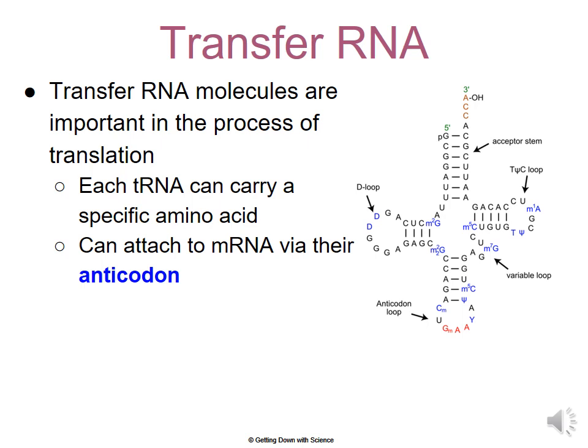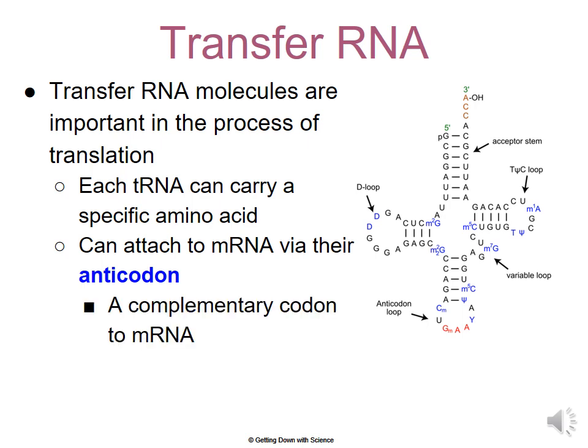It then can attach to the mRNA via the anticodon loop. So this end is all about complementing the messenger RNA. So if we have a C on the messenger RNA, it would pair with a G on the tRNA. A U would pair with an A, so forth and so on.